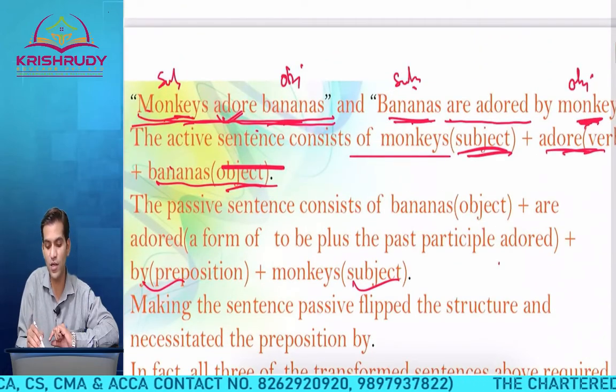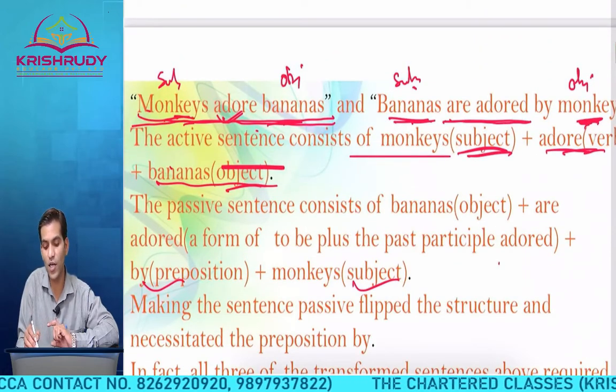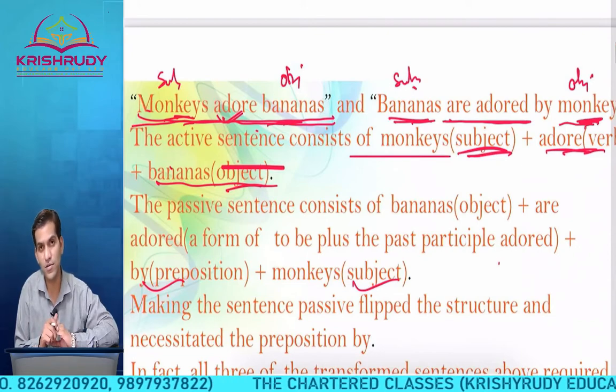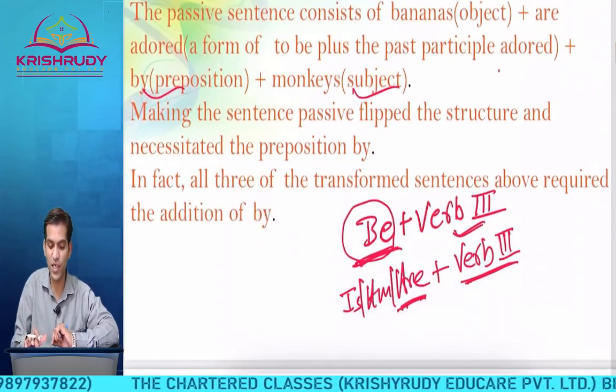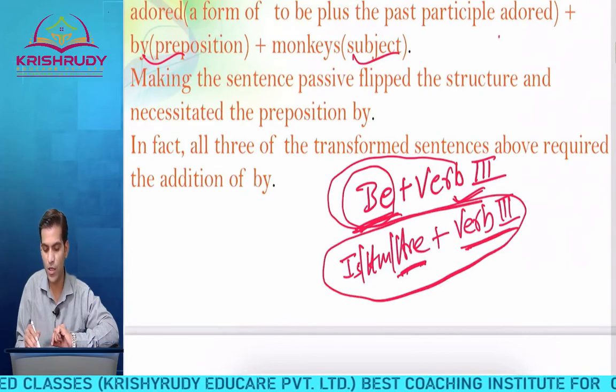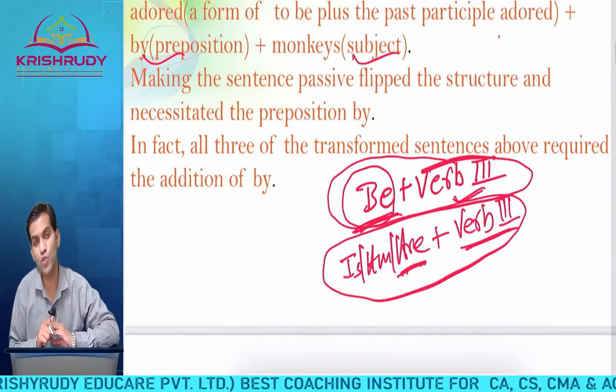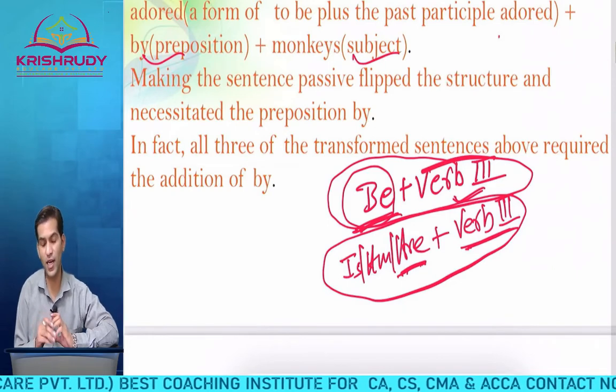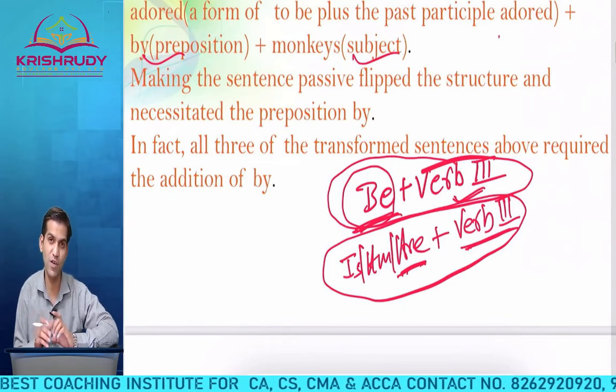You can see easily, "are adored by monkeys", right? So it is very easy. If you remember this formula, it will be very easy to transform an active sentence into passive and passive into active.